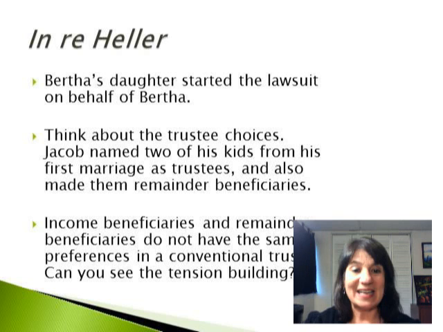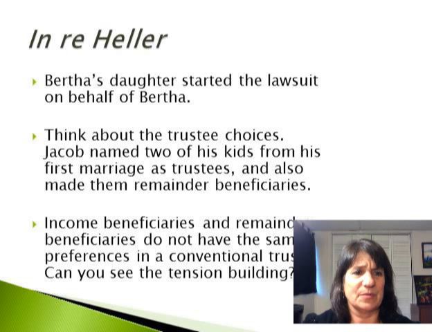If you're advising Jacob, do you really want to tell him to put his kids in this position? He put his two sons in the position of being trustees over money that was to benefit themselves in conflict with how it was to benefit their stepmother. And even though they're the ones with the power here, litigation is not fun for anybody. So you can kind of see the tension building here.